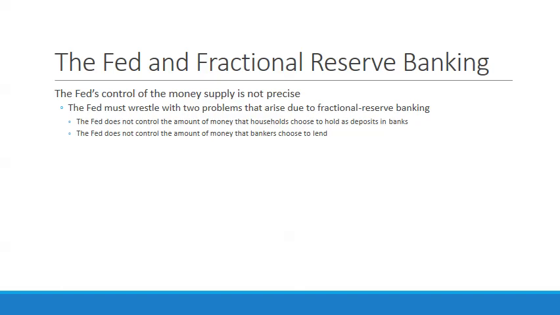The second is the Fed doesn't control the amount of money that bankers choose to lend. The fact is, banks can hold excess reserves. So even though the reserve requirement would be 60%, maybe they're holding 70%. So it's hard for them to get a precise amount of how much money is actually in the economy and how to regulate it very, very carefully. So it's not precise in terms of how they control it.